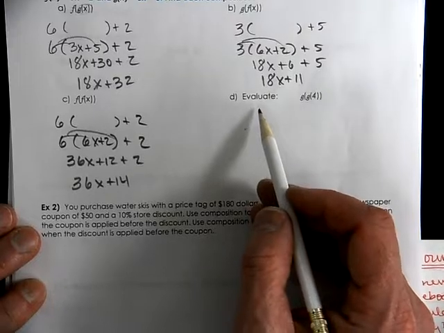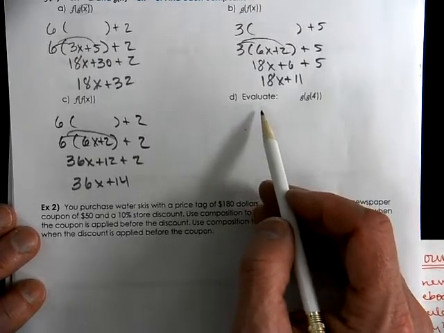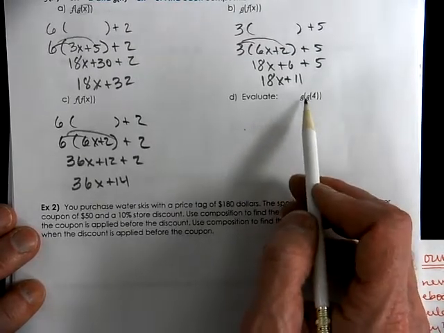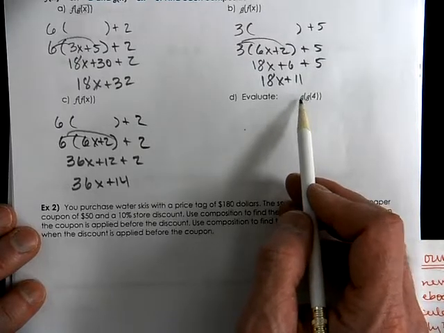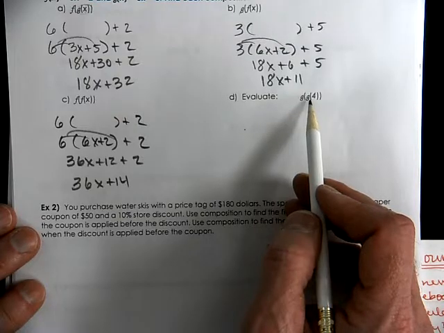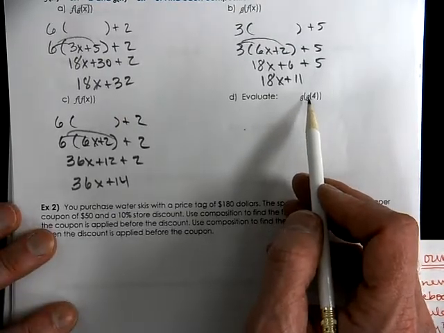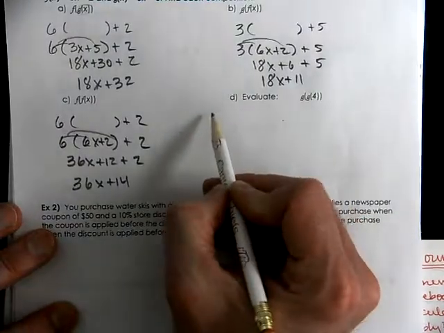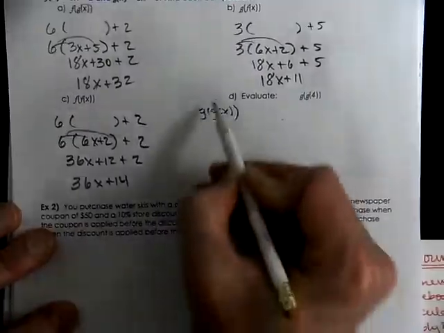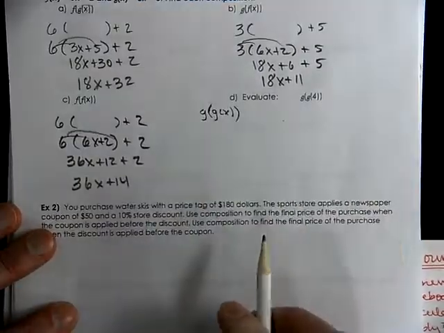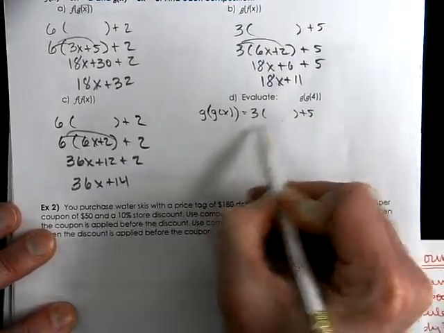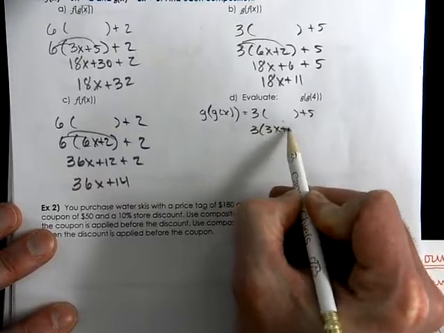Now to evaluate. You've done evaluates before. That's when we do g of 4, f of 3. That's to evaluate. But this is g of g of 4. So you've got two choices of how to do this. You can figure out what g of g of x is, so that would be your g function, and plug your g function into it.